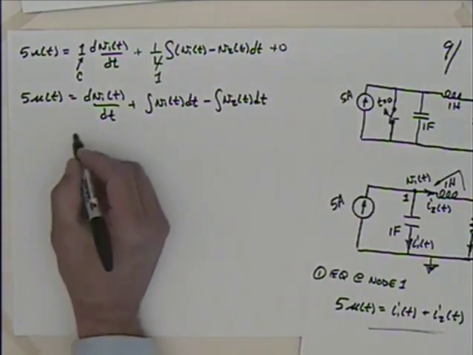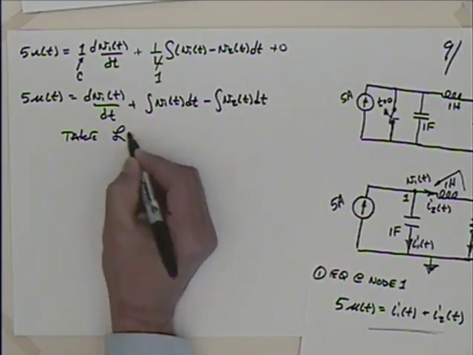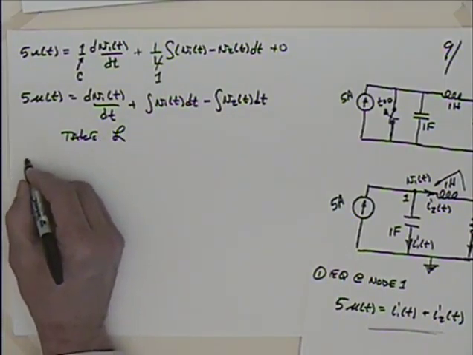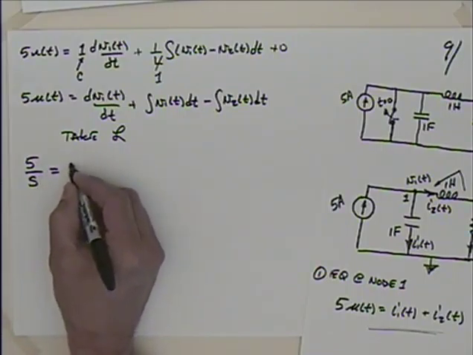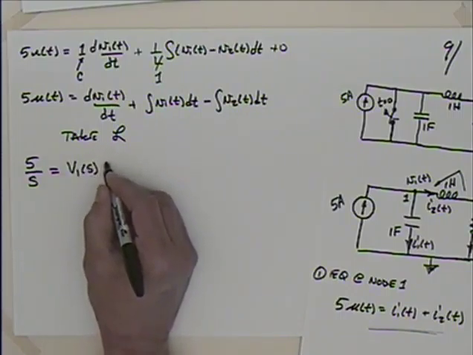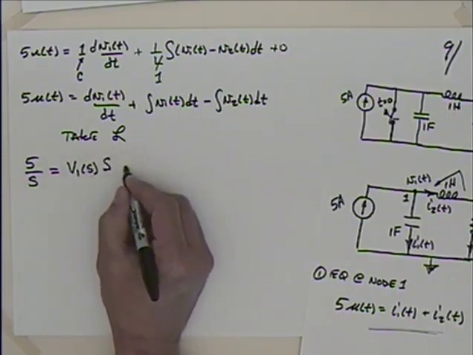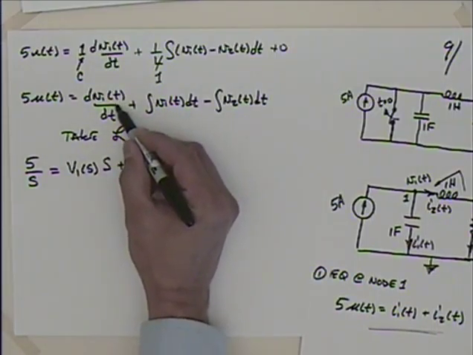So if I take the Laplace transform of that, I have 5 over s is equal to, this will be V1 in the s domain times s plus 0, because remember we'd have that other term there when we do the derivative.